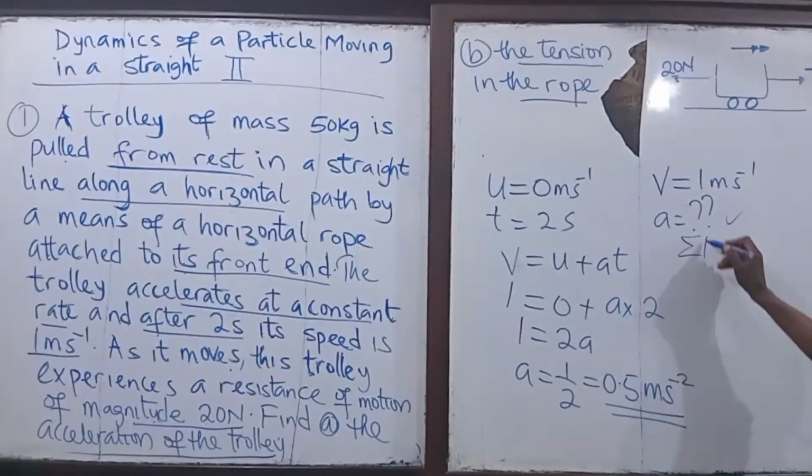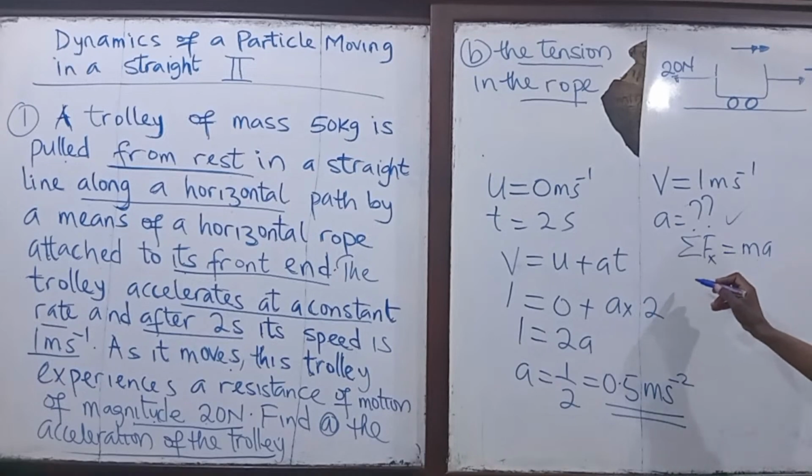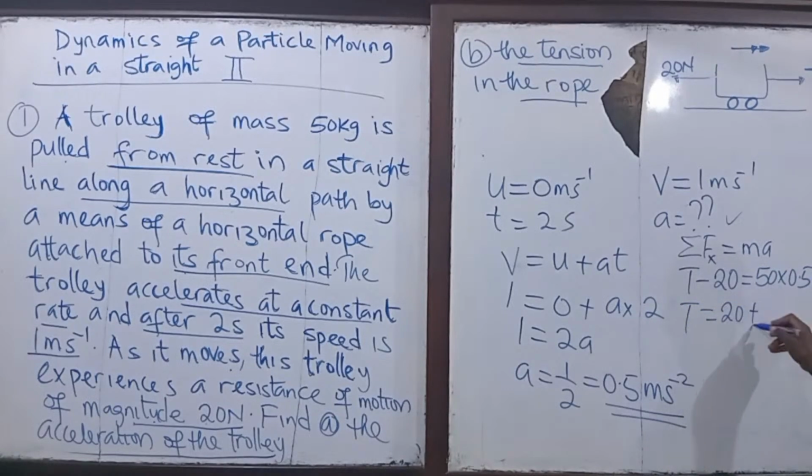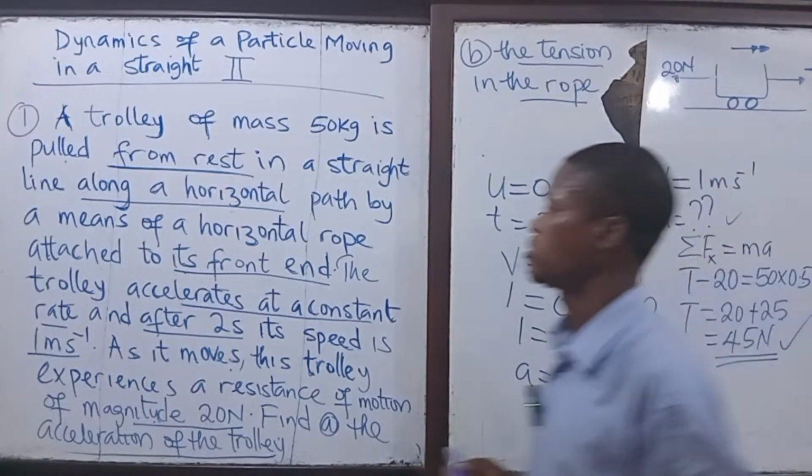Forces on the horizontal equal to MA, and that's the tension minus the resistance force equal to the mass, which is 50, times the acceleration, which is 0.5. So we have T equal to 20 plus 50 times 0.5, that's 25, and that gives us 45 Newton. So that's that on that question.